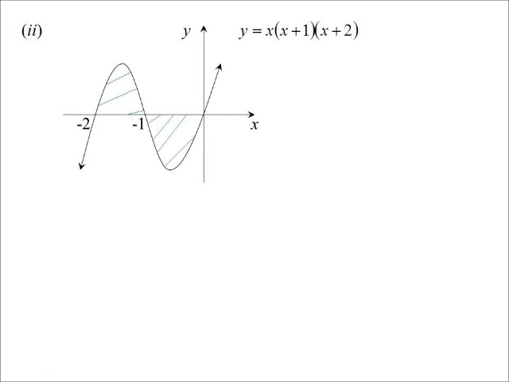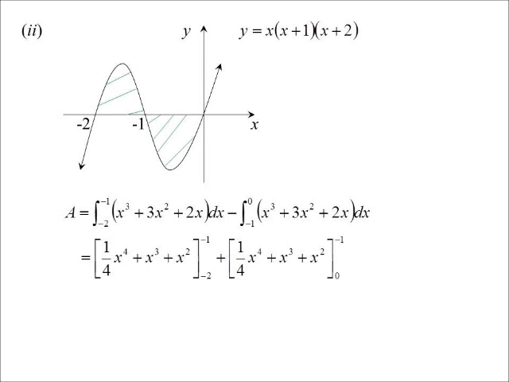So here's another cubic, a bit above, a bit below. Not sure, to be honest, whether those areas are going to be identical. Depends on the equation, I suppose. The area from -2 to -1 would be positive. And the area from -1 to 0, well, that's negative because it's below the axis.